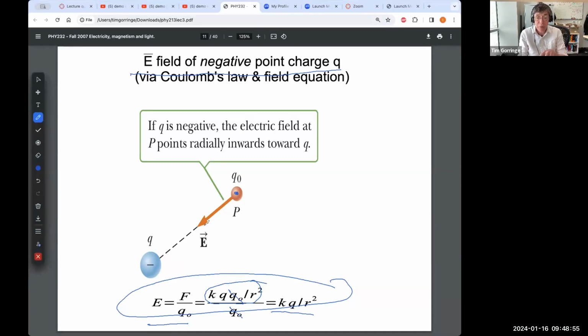For a positive charge, the field points away from the positive charge. And for a negative charge, the field points towards the negative charge. And that result, these two slides, is really the building blocks for other work we do on calculating the field of arrangements of charges. And so this is an important point.